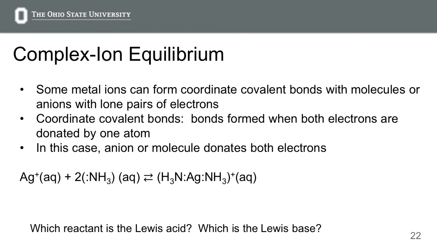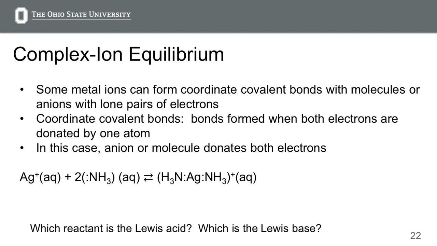All right, so the last topic here is complex ion formation. So we've seen a little bit of this, and we're going to see more when we get to a later chapter. Complex ions are formed in solution a lot of the time, or maybe all of the time. They're Lewis acid-base reactions.